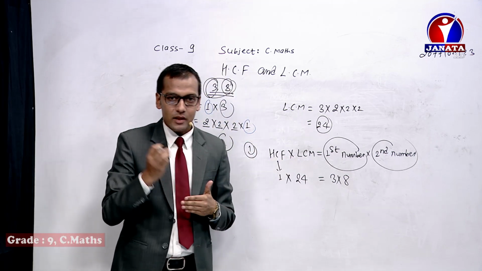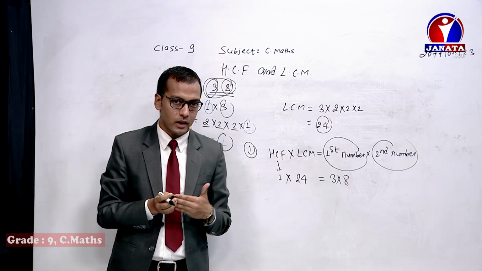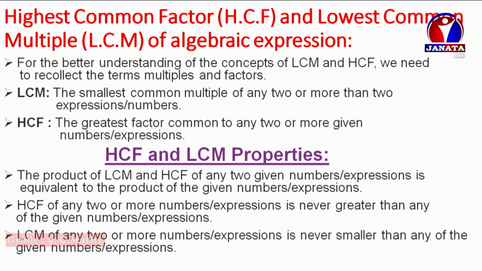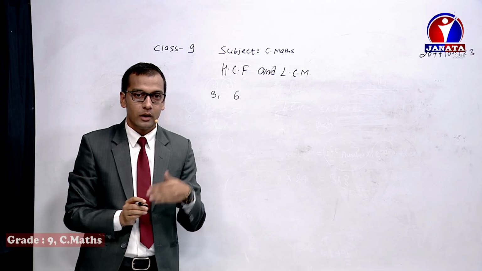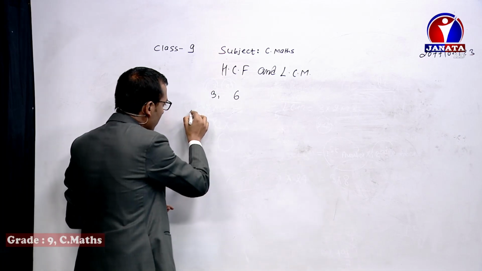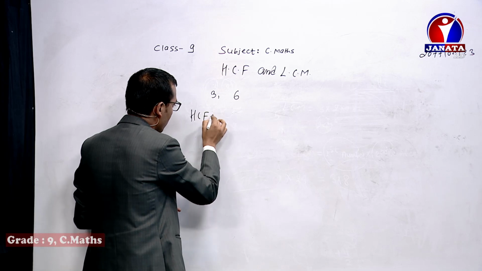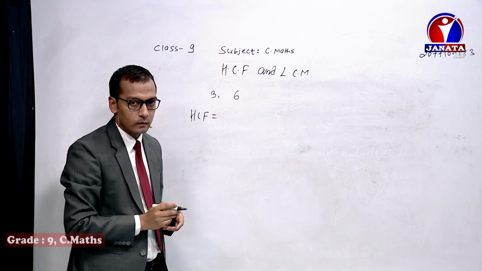HCF and LCM have other properties as well. Let me take the next example: 3 and 6. 3 is the first number and 6 is the second number. What is the HCF of 3 and 6?